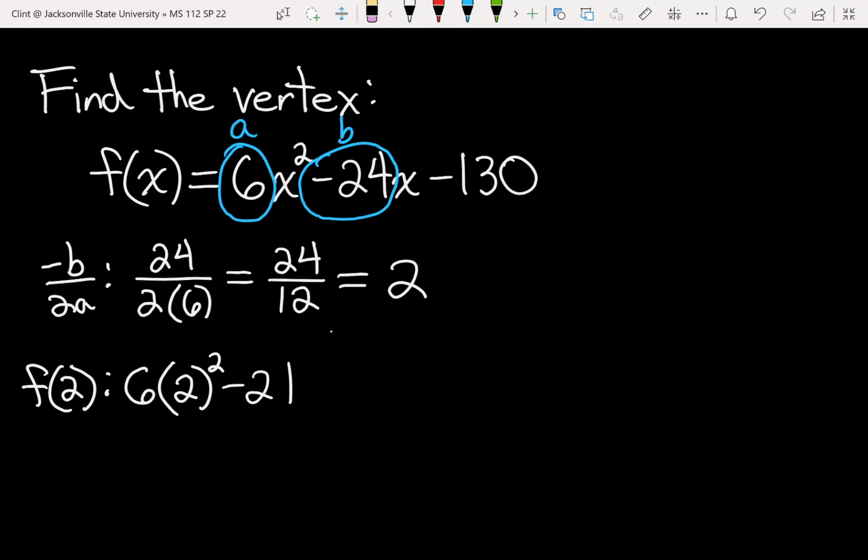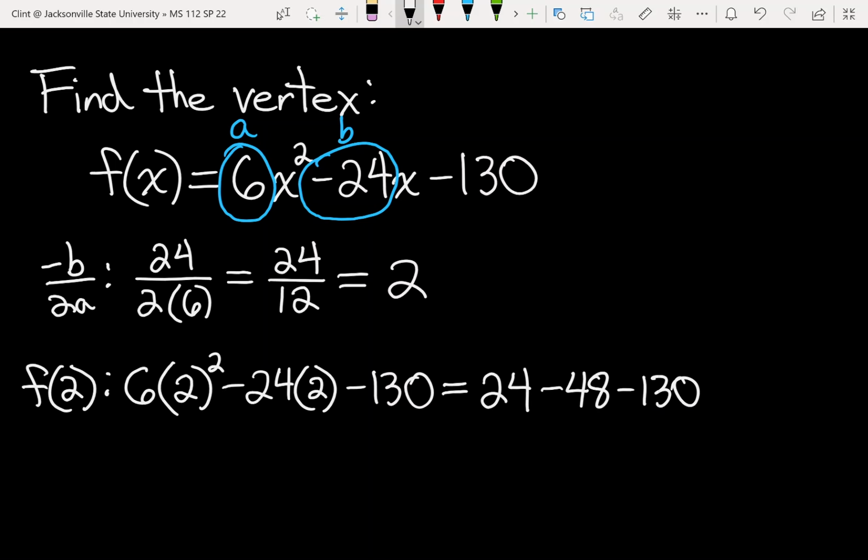So let's see. 2 squared is 4. 4 times 6 is 24. Negative 24 times 2 is negative 48. Minus 130. So just crunch the numbers.